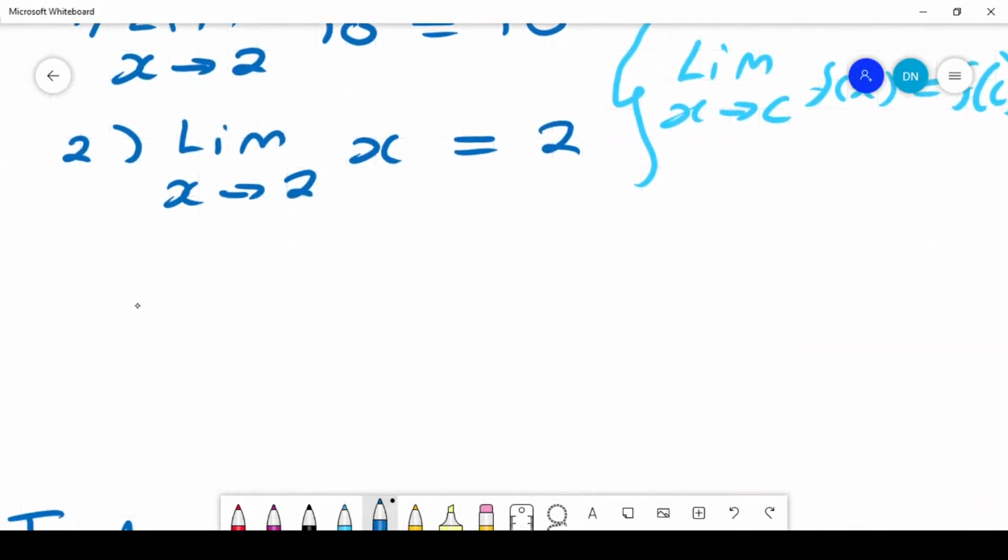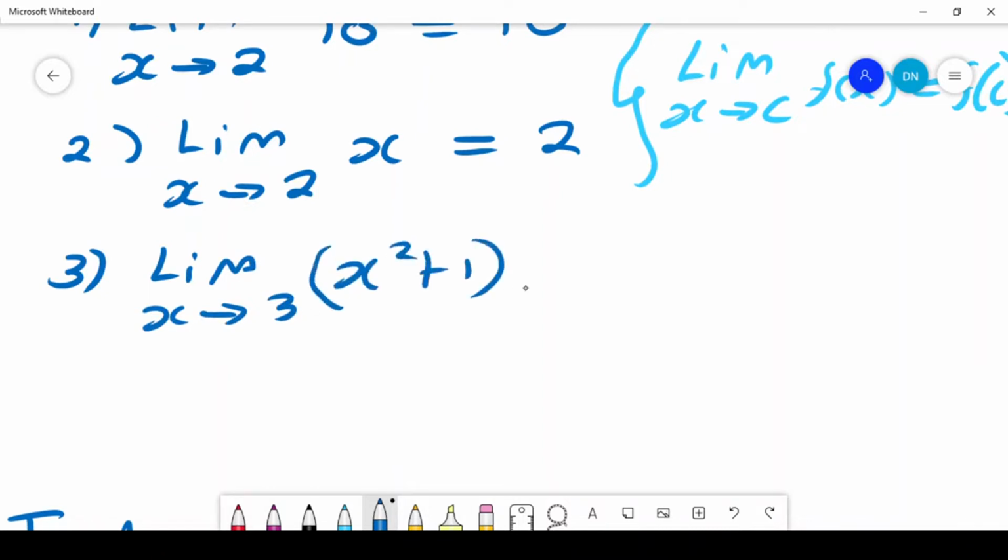And that means if we have another example, and in this case I want to get a limit as x tends to 3 of x squared plus 1. Basically, this will be 3 squared plus 1, and that will give us 9 plus 1 is 10.